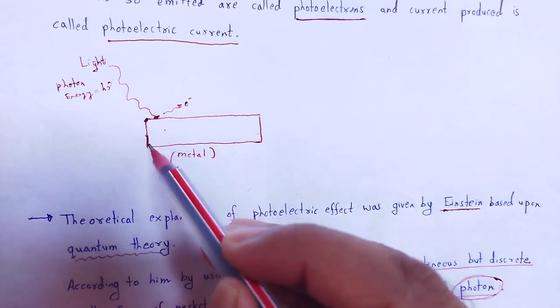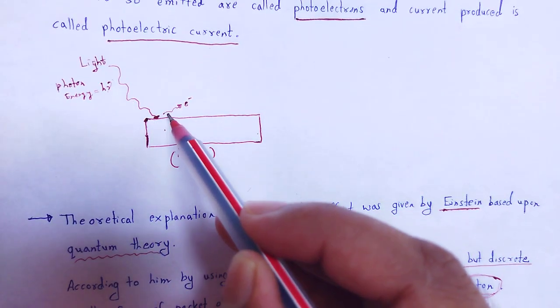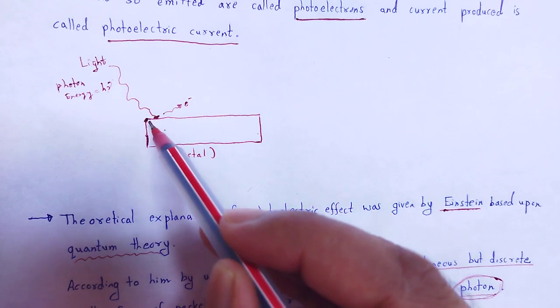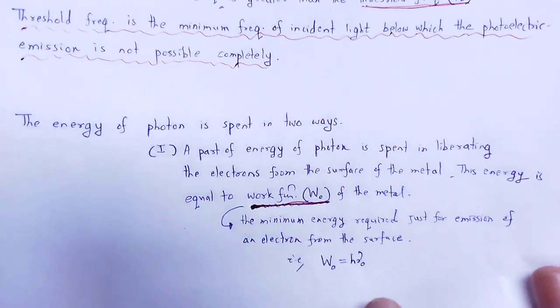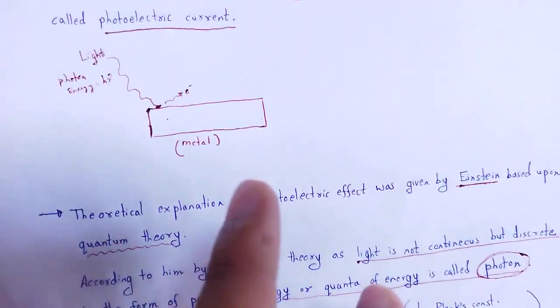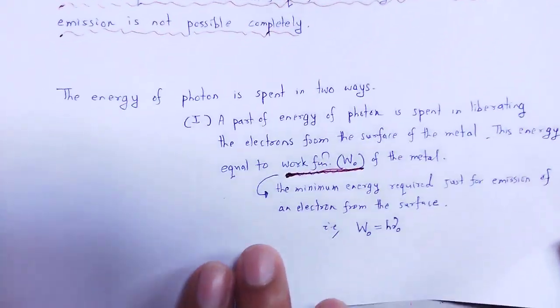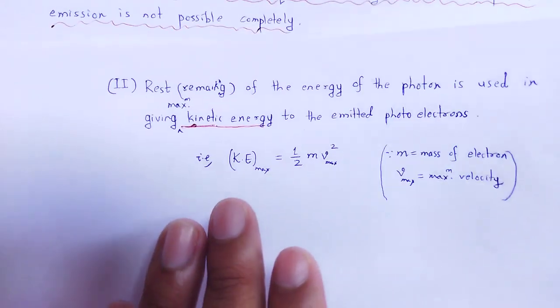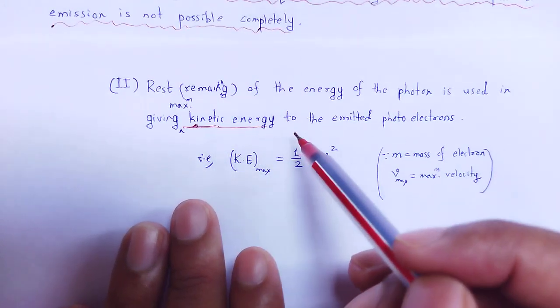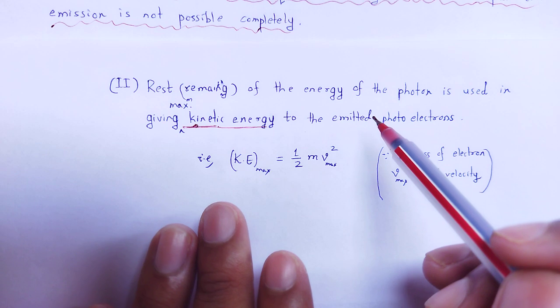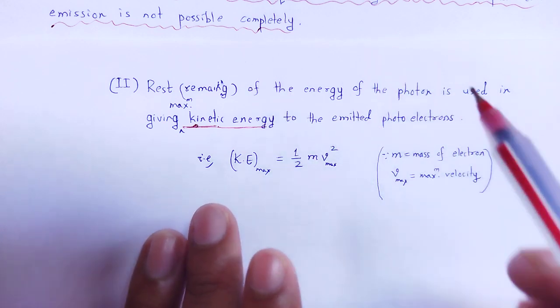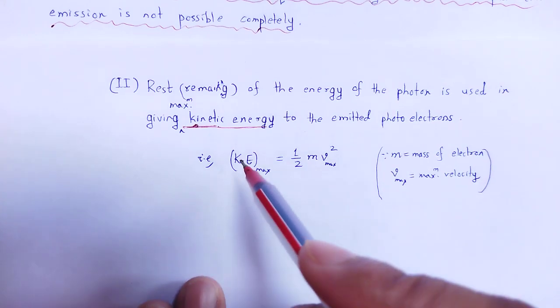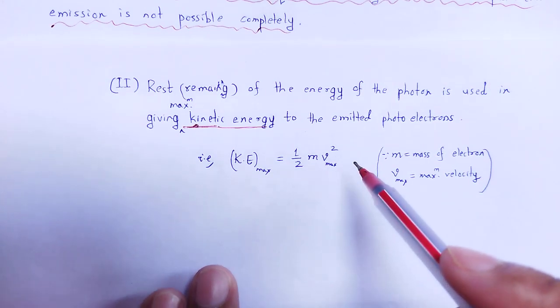That amount of energy used to liberate the electron from the surface of the metal is called the work function, given by h nu naught. Another part of the energy is used in giving the maximum kinetic energy to the photoelectrons, which is equal to half m v max square.